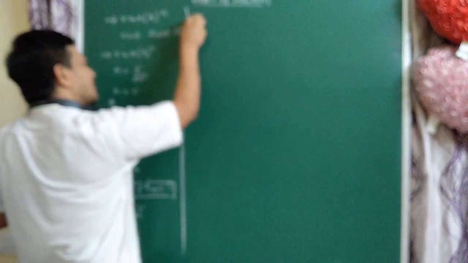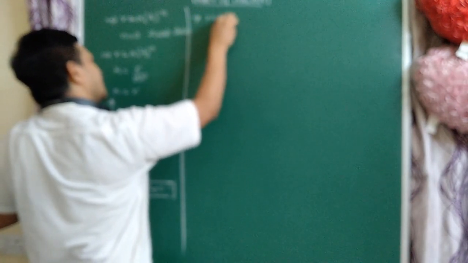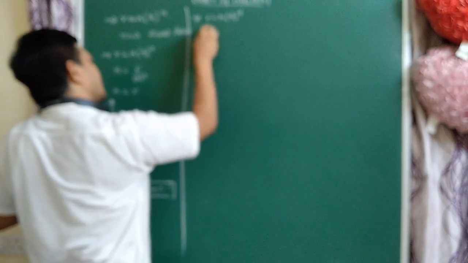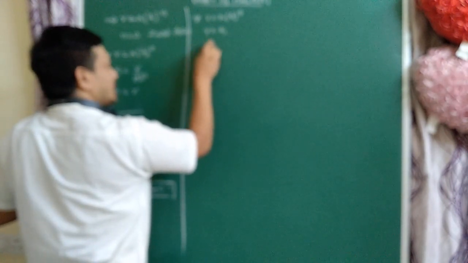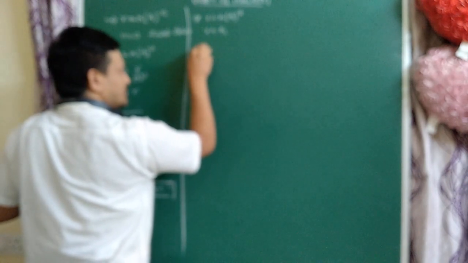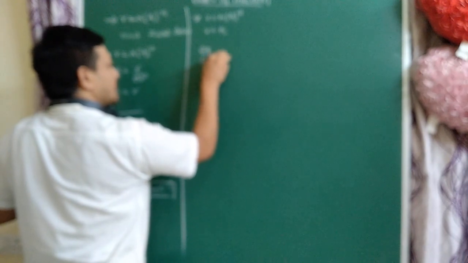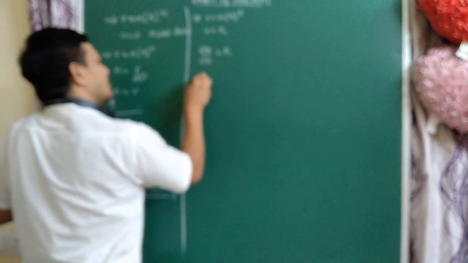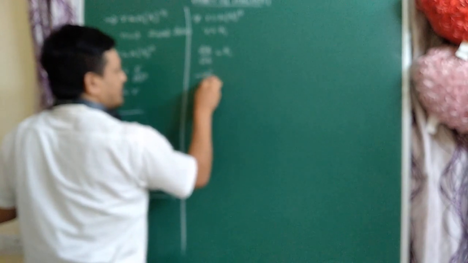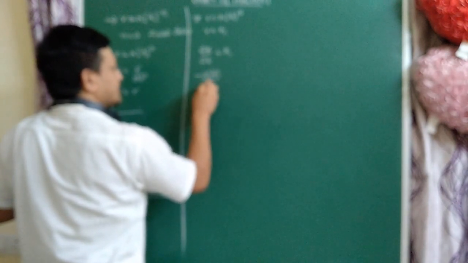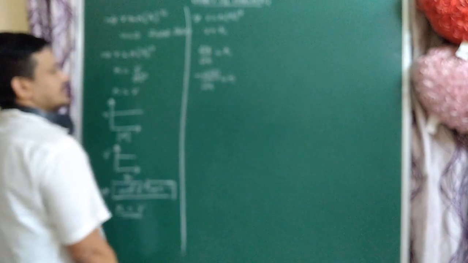For a zero order reaction, R equal to K. A power 0, R equal to K. So R is nothing but dx by dt, equal to K, that is minus dA by dt equal to K. The rate does not depend on any concentration.